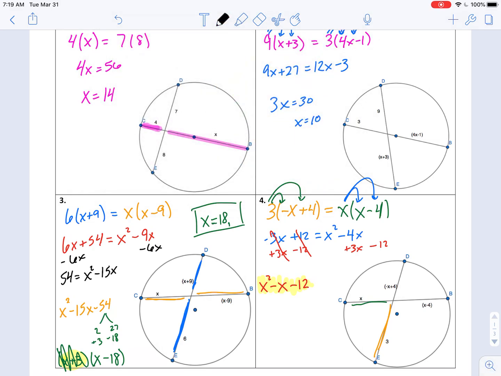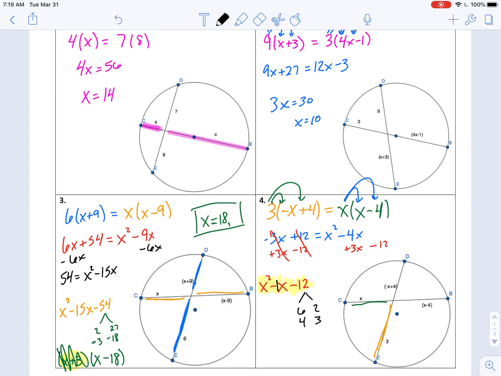And now what we're going to do is we're just going to factor this. So I want factors of negative 12. Well, I can have 6 and 2, and I want a negative 1x, so they need to combine to negative 1.